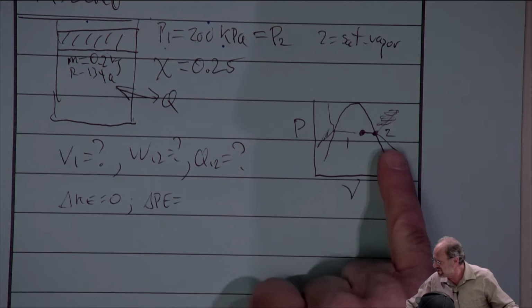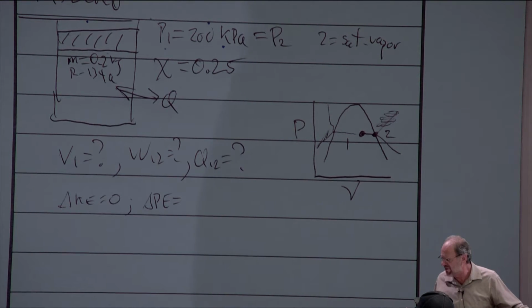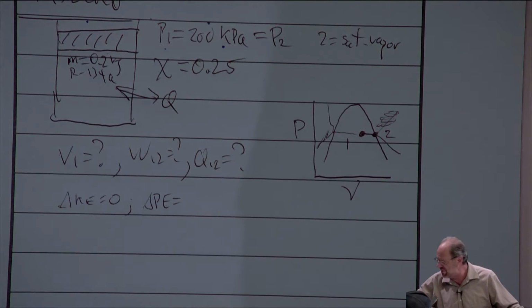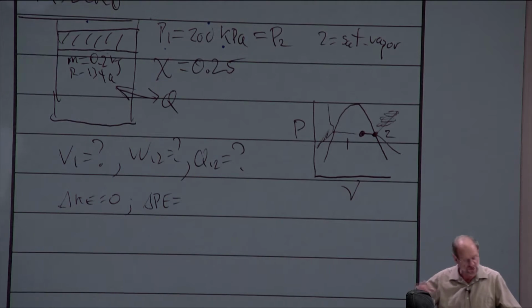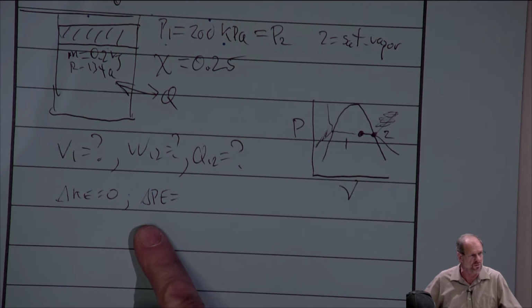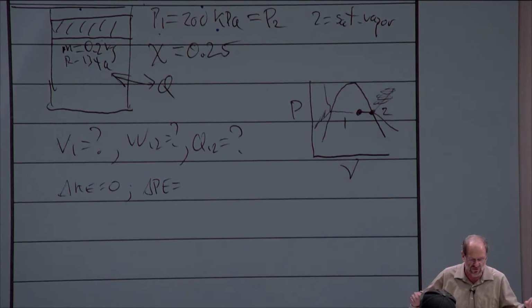I mean, the volume is increasing, so the piston does have to move upwards. However, height changes have to be very significant before there's any meaningful and measurable change in potential energy. Usually you would have to have a height change on the order of several meters before that potential energy is not negligible.